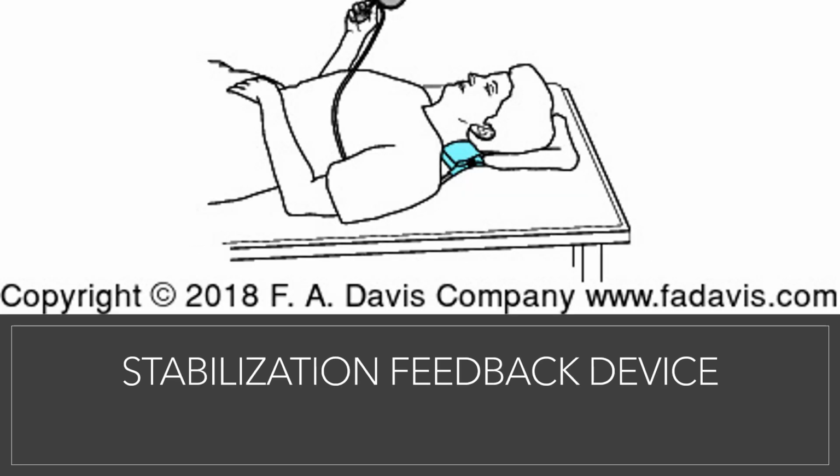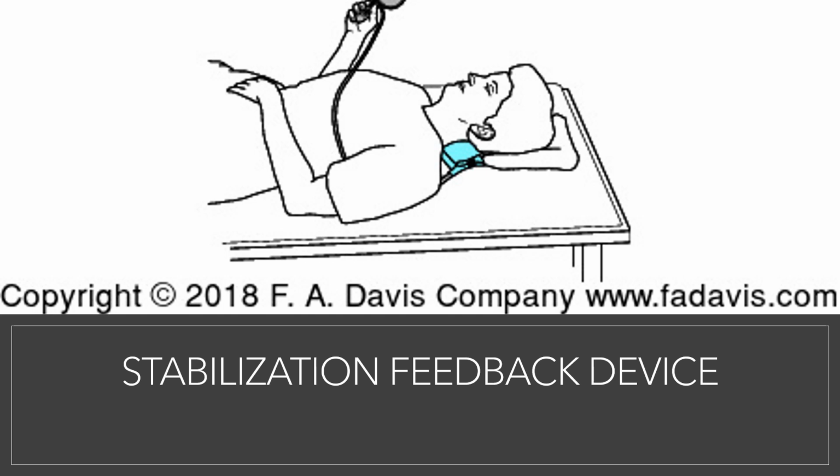Stabilization feedback devices: they have specialized feedback devices, but you can utilize things like a blood pressure cuff, and I believe you have a component of that in your spinal rehab lab, but either way, we can talk about practicing it in class.